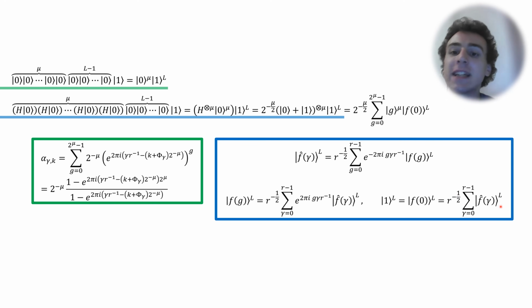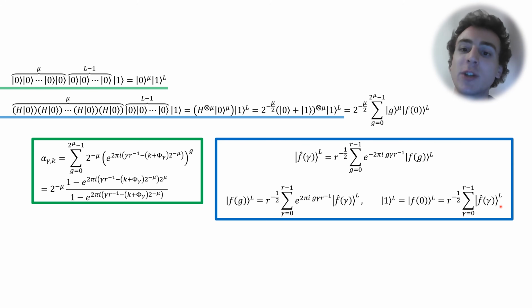So we're not initializing it in a single eigenstate like we saw in the previous video, where we had the exact case of the quantum phase estimation algorithm. Now what we're doing is we're initializing in a superposition of eigenstates. So that is allowed. Because we don't know how to prepare these eigenstates at the beginning, we can prepare a superposition of them. That's something that we can initialize at the start.